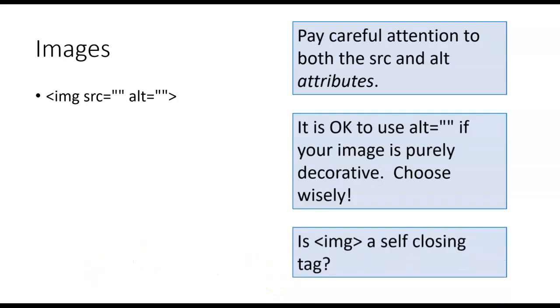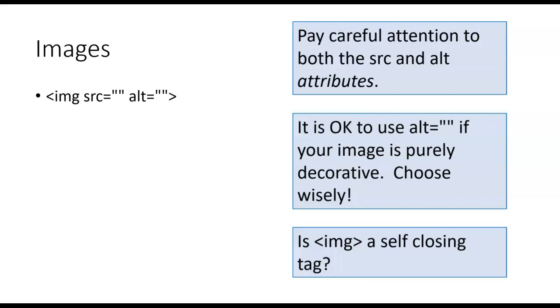Let me ask you this. Is the image tag a self-closing tag? It is. The image tag is a self-closing tag. It's different from paragraph and bold and strong and italics.